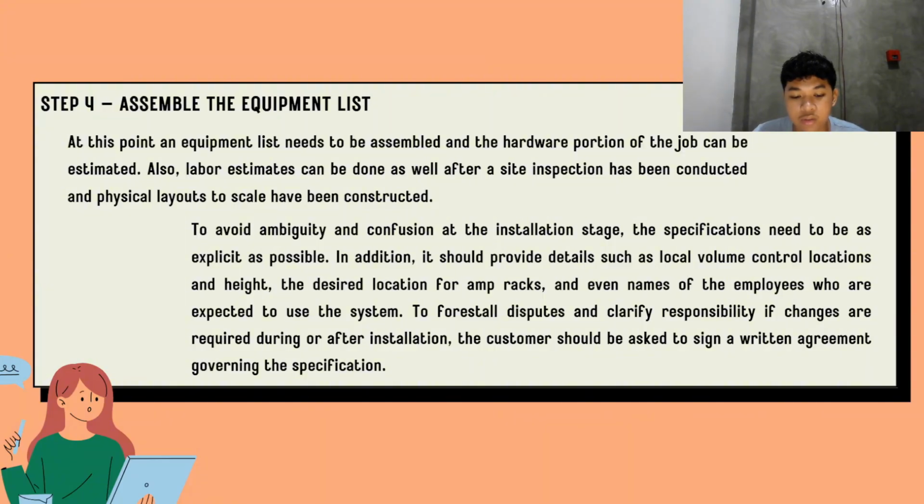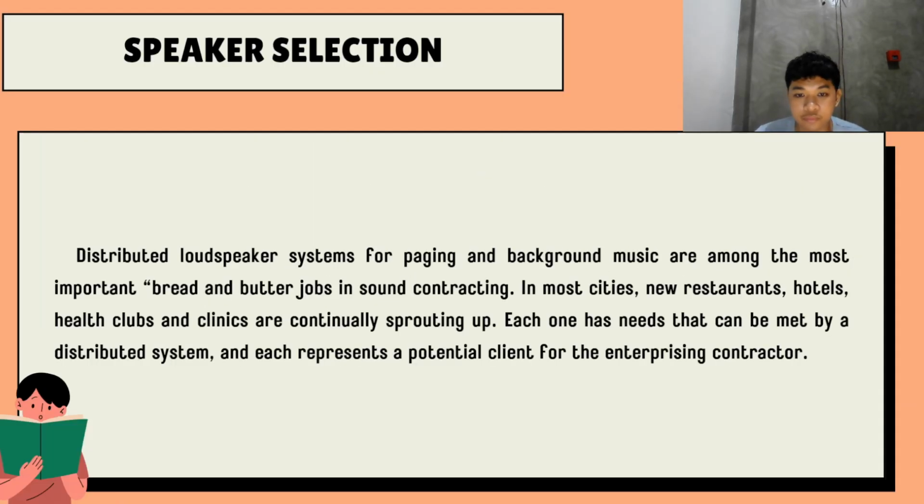In addition, it should provide details such as local volume controls and height, the desired locations of arm procs, and even names of the employees who are expected to use the system. To forestall disputes and clarify responsibility if changes are required during or after installation, the customer should be asked to sign a written agreement governing the specification.